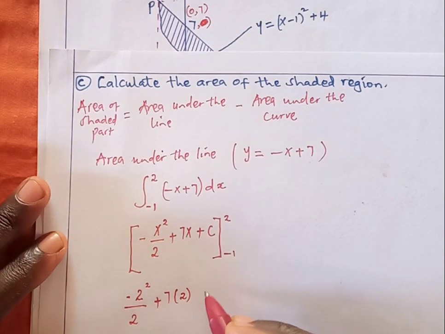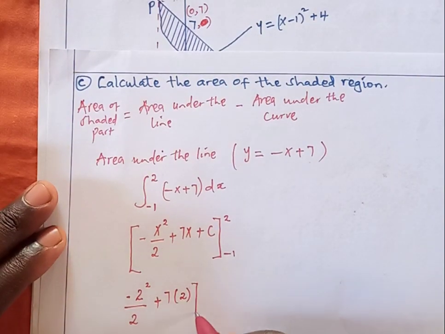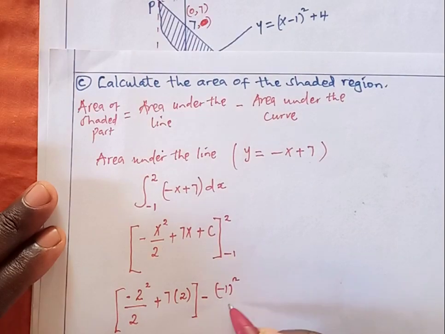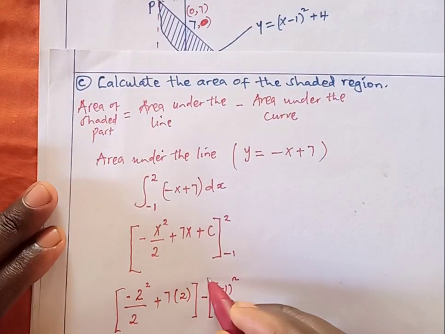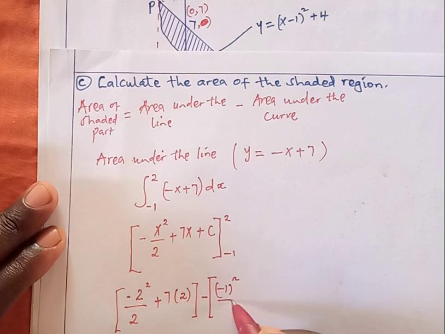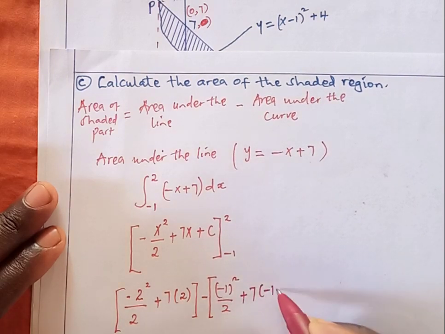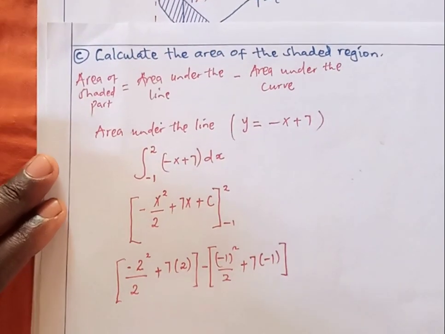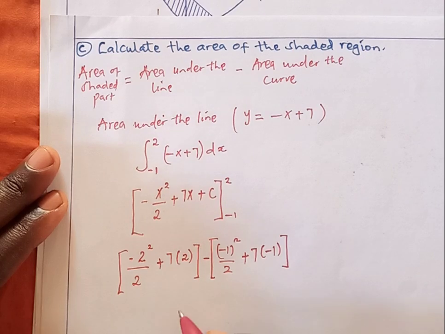Now let us simplify this. We are going to take away the same expression with -1: -1 squared, then divide by 2, then plus 7, you multiply by -1. Now what is 2 squared?